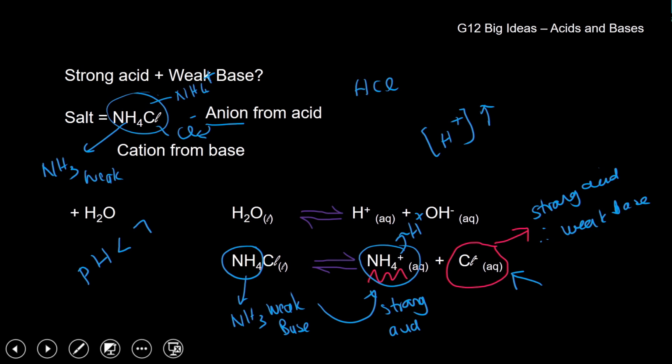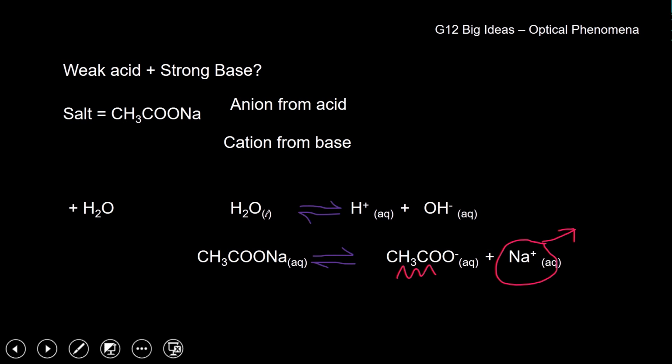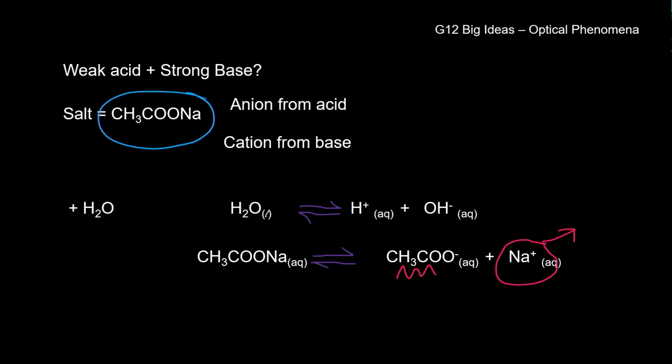What happens when we have a weak acid reacting with a strong base? Now, here's a salt, which is the sodium acetate salt, and again, we're going to have a look at the ions. So this is the negative ion. This is the really weird way of writing it. The organic chemists like writing things the opposite way, and so it makes us a little bit confused. But we can handle that.